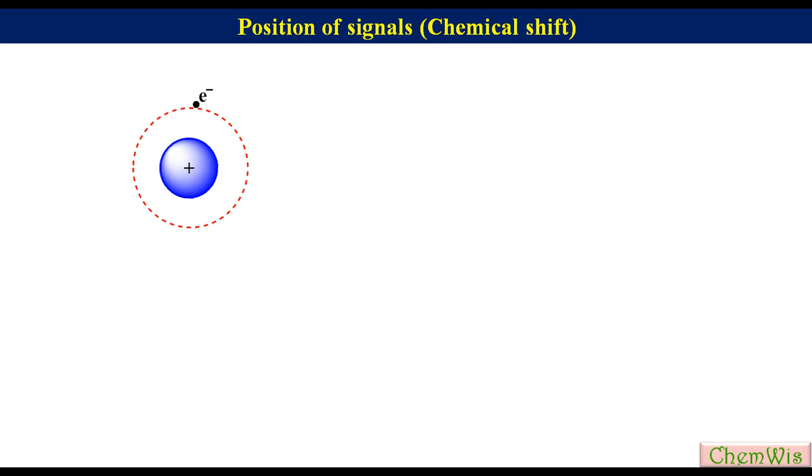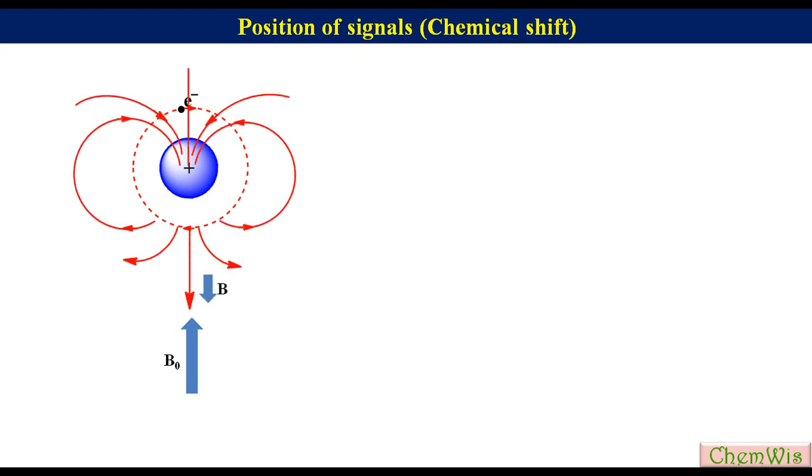When an external magnetic field B0 is applied, these electrons are caused to circulate. Since the electrons are charged particles, their circulation generates a local magnetic field B called induced magnetic field or secondary magnetic field.